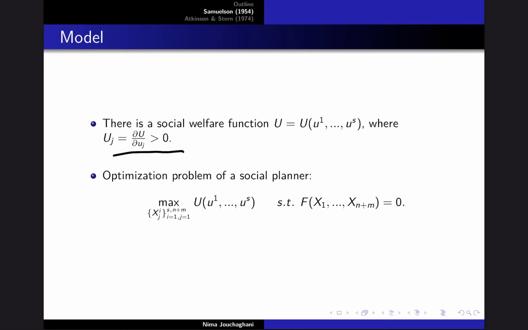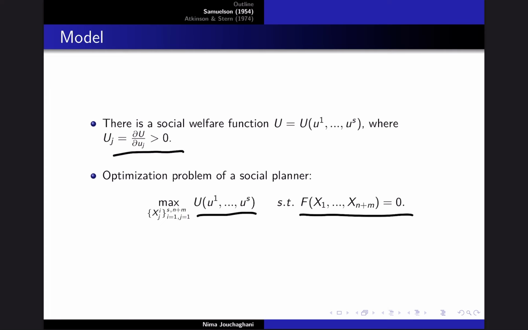Now, given what we derived so far, we can write down the optimization problem of a social planner. The social planner is maximizing the social welfare function such that we satisfy this budget constraint, basically representing the production possibility frontier, so what we are capable of producing in this economy.